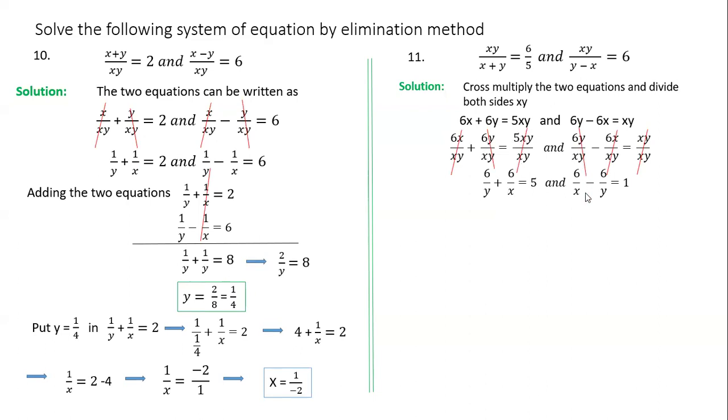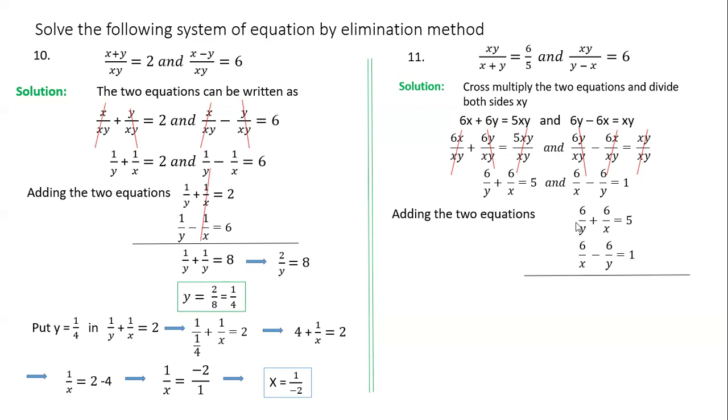Here 6 upon x minus 6 upon y equal to 1. Okay, let's go for adding. Add the two equations. 6 upon y plus 6 upon x is equal to 5. And the other one is 6 upon x minus 6 upon y is equal to 1.